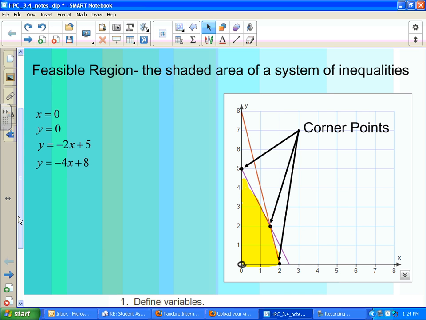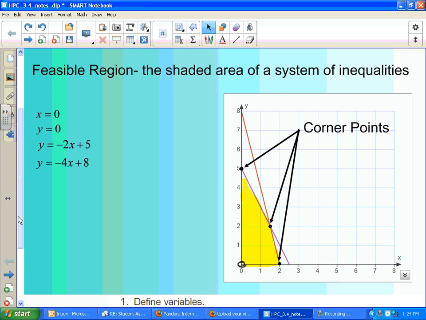There are times when you don't have linear inequalities, but this stuff we are. So the shaded area that's generated from the overlap of these different inequalities creates this feasible region, and this feasible region in industry would be an area that they would look at to discuss minimizing or maximizing something, a profit or a cost, something along those lines.